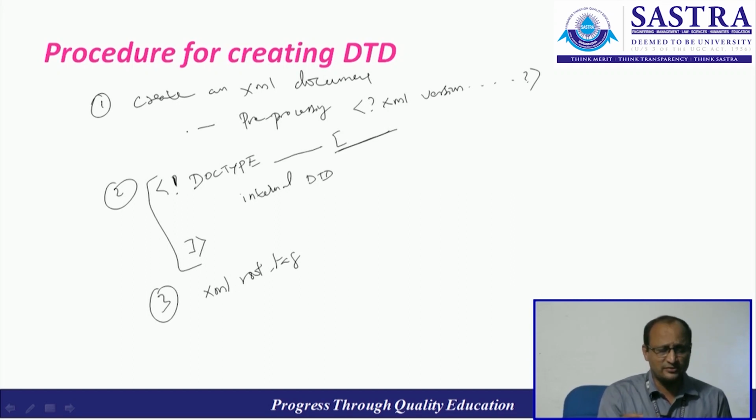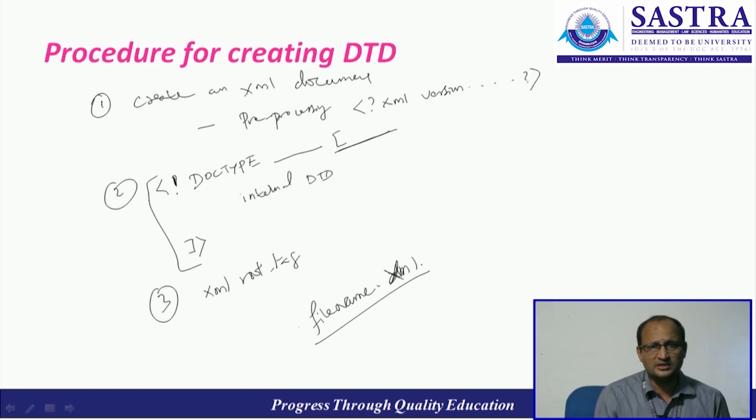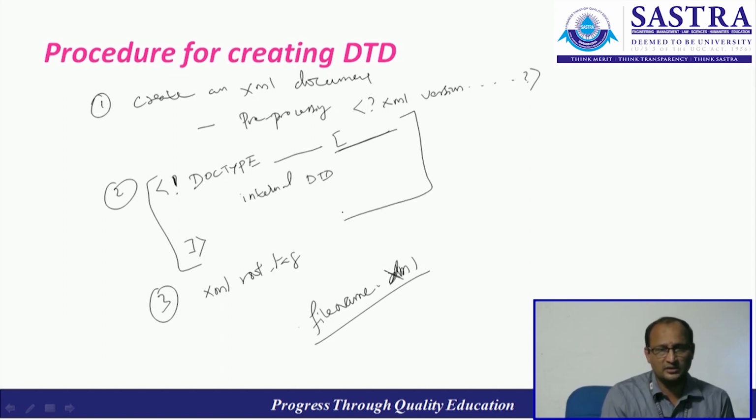So how can we save this file? The file will be saved with file name dot XML, not DTD. Remember, please, because the internal DTD has been included within this XML document.